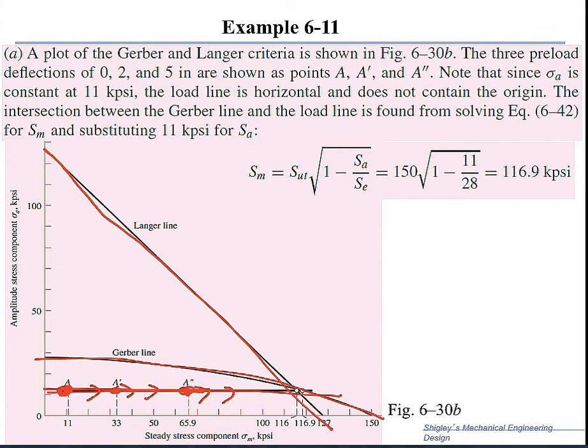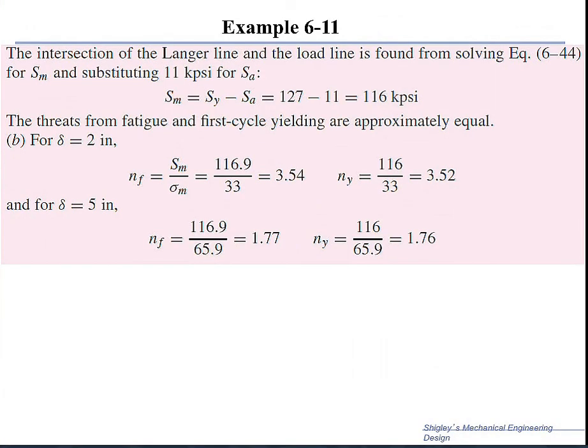Having said that, if you look at the intersections that we need, you find that they're pretty crowded right here. So you get the intersection between the load line and the Langer line, and the load line and the fatigue line. When we work out those, we find that the result is 116.9 ksi for the first point, which is right here, and then we can work out the intersection for the second point.